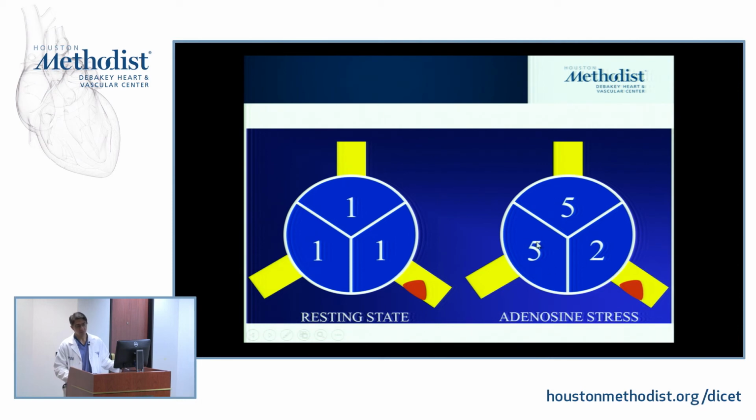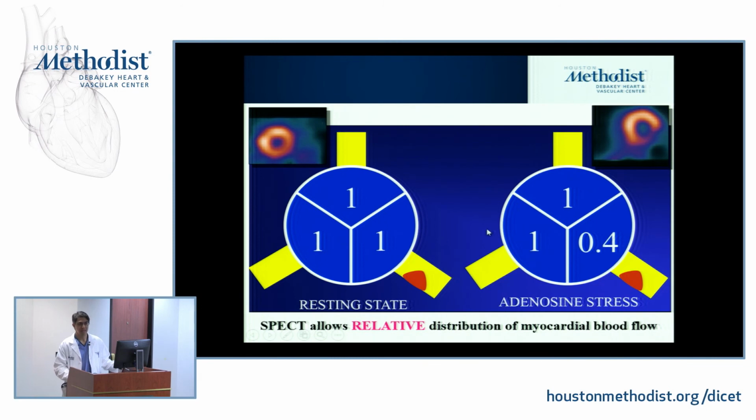And so when we frame normalize this image, meaning you just reset everything to the hottest pixel, you can see how our nuclear images show you a relative hypoperfusion.